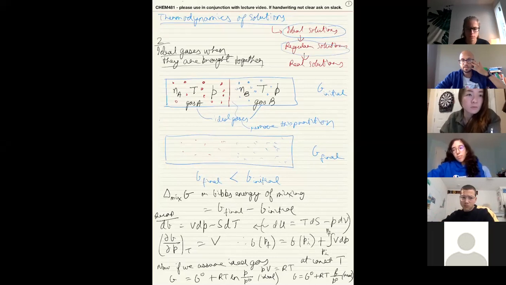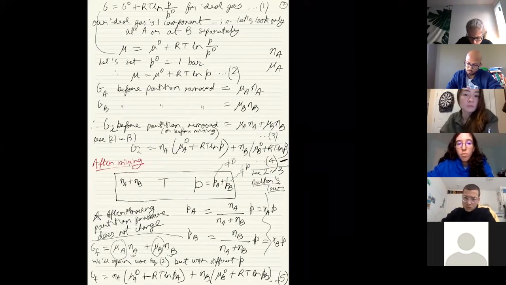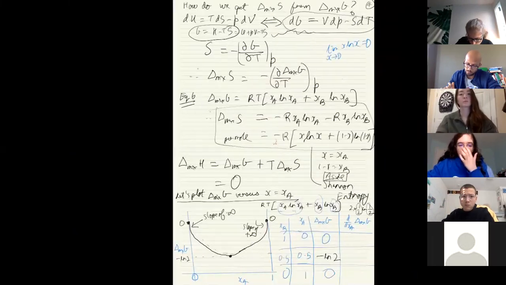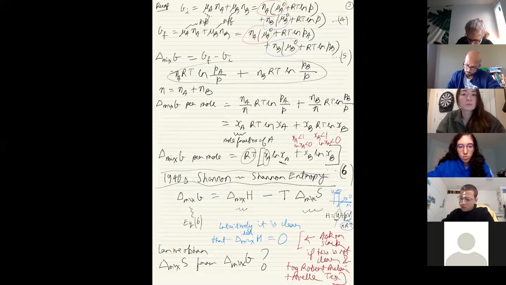So we know that the condition for spontaneity is that delta G should be negative at constant pressure and temperature. And that's what we showed here. For this, we derived a delta G mixing, which looks like, let me write it down in today's class.